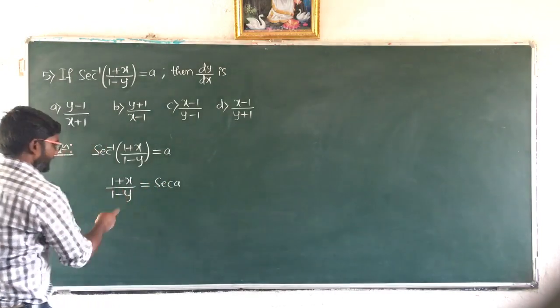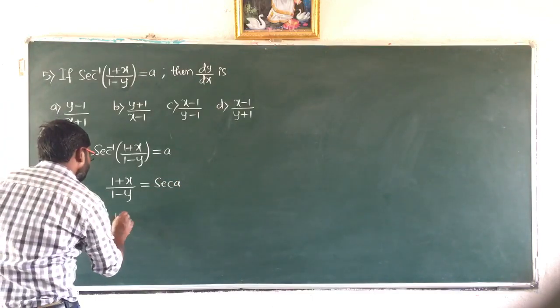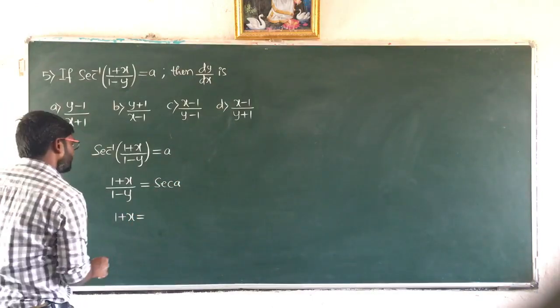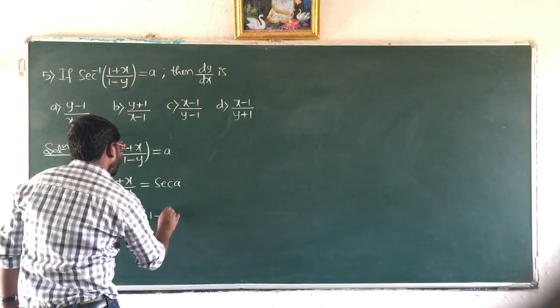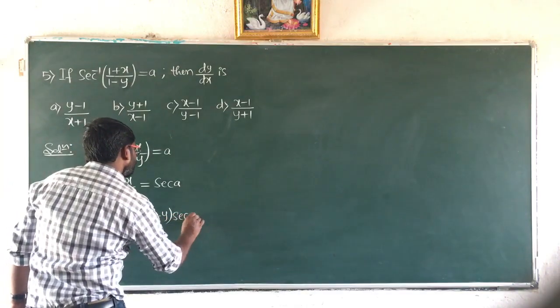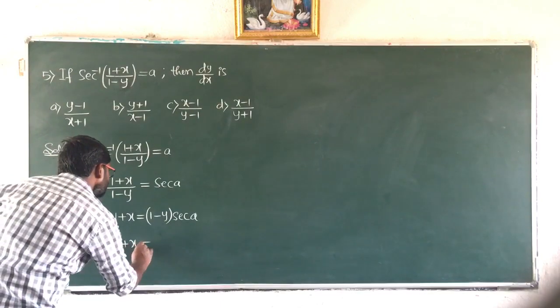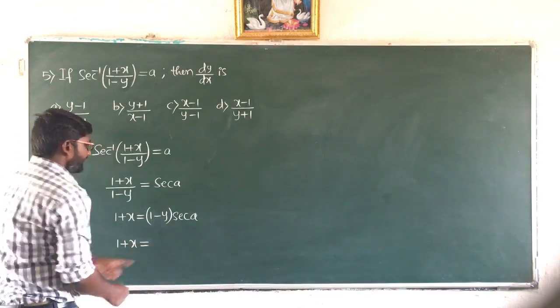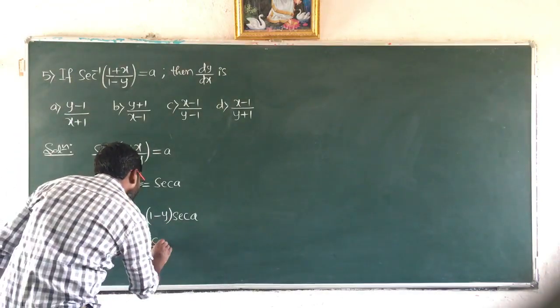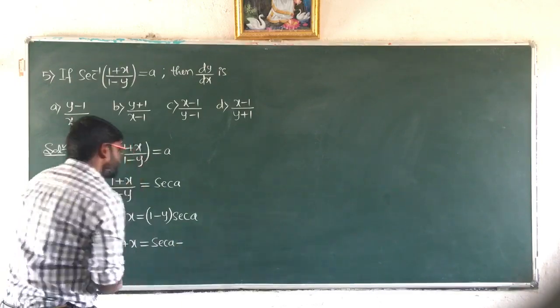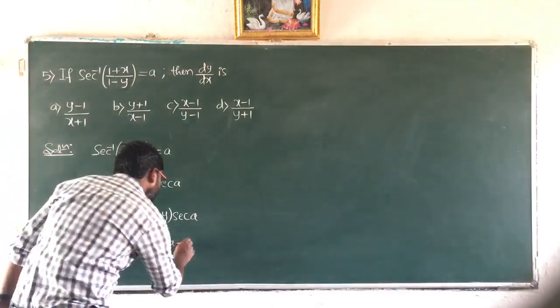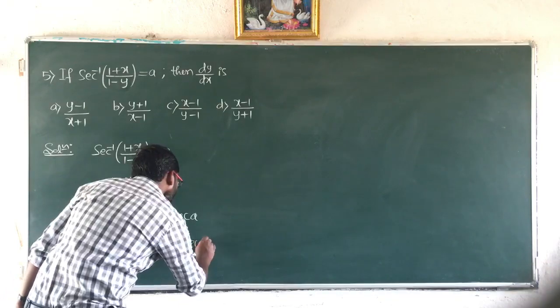So now take the denominator to the RHS. 1 plus x is equal to (1 minus y) into secant a. So now 1 plus x is equal to secant a into 1, it is secant a, then minus. Multiply these two now. We get secant a into y.